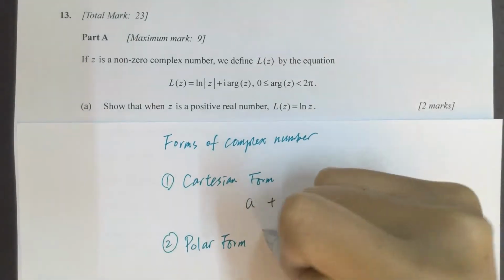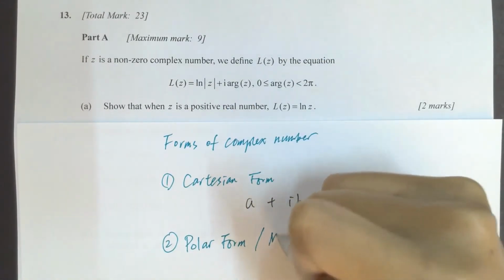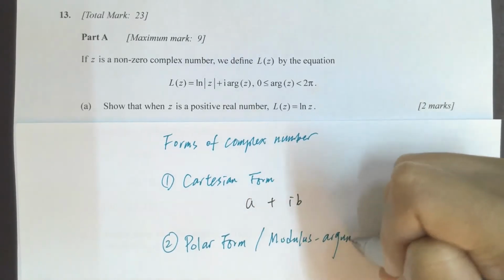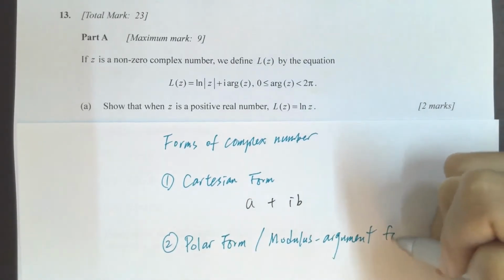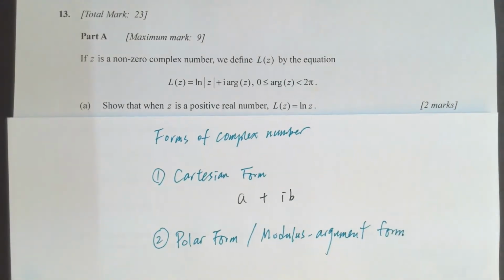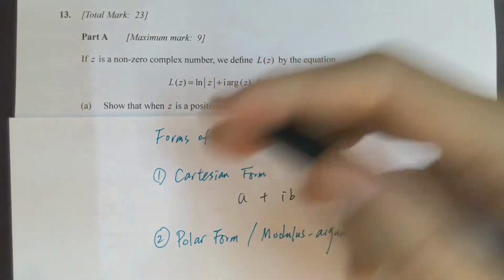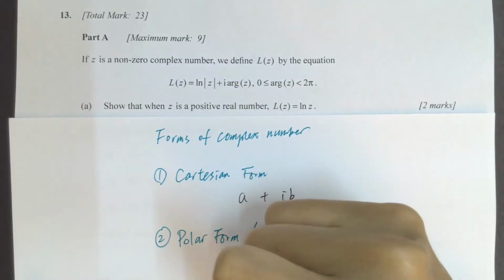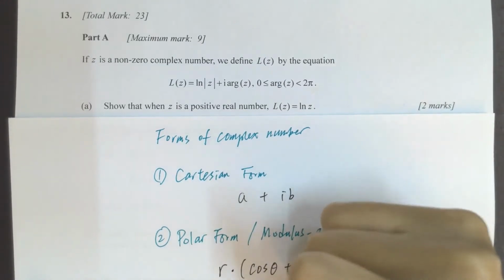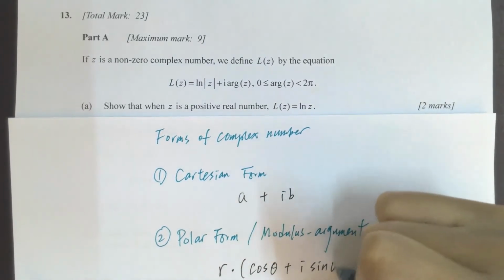or we also call it the modulus argument form. Alright, so how do we write it? We have r(cos θ + i sin θ).